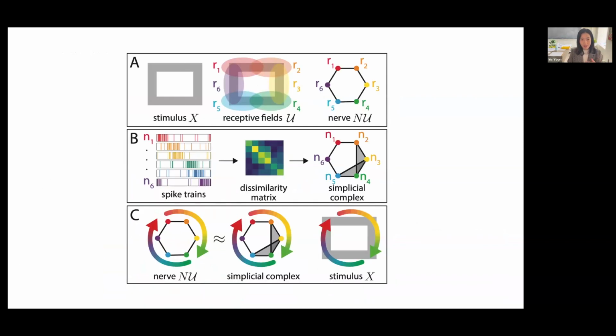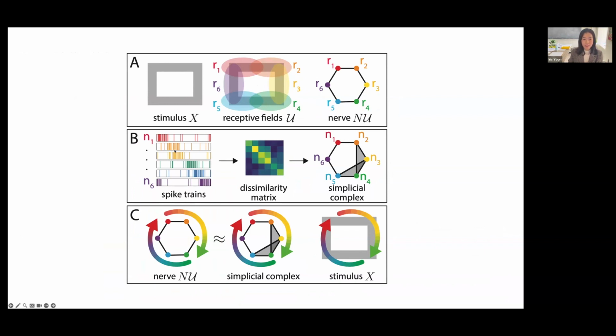And really, the idea here is that if you have your stimulus space, or the environment that you're moving around, if your receptive fields form a good cover, then the simplicial complex you build out of the receptive fields is going to be homotopy equivalent to the environment that you started with.